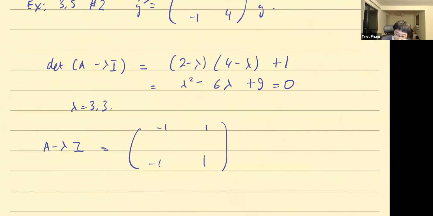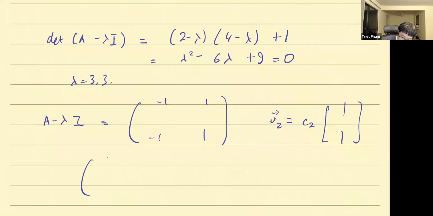So you only get one eigenvector. Here I insist I call this C2 times (1, 1). The solution is this times V2 equal to 0. Then you easily see that V2 must be this. Okay? So in this case, I keep the C2 here.